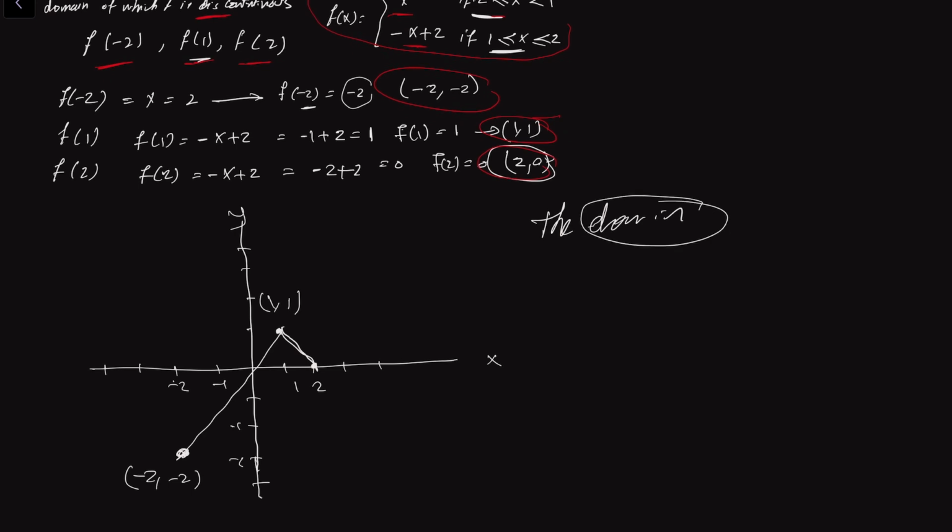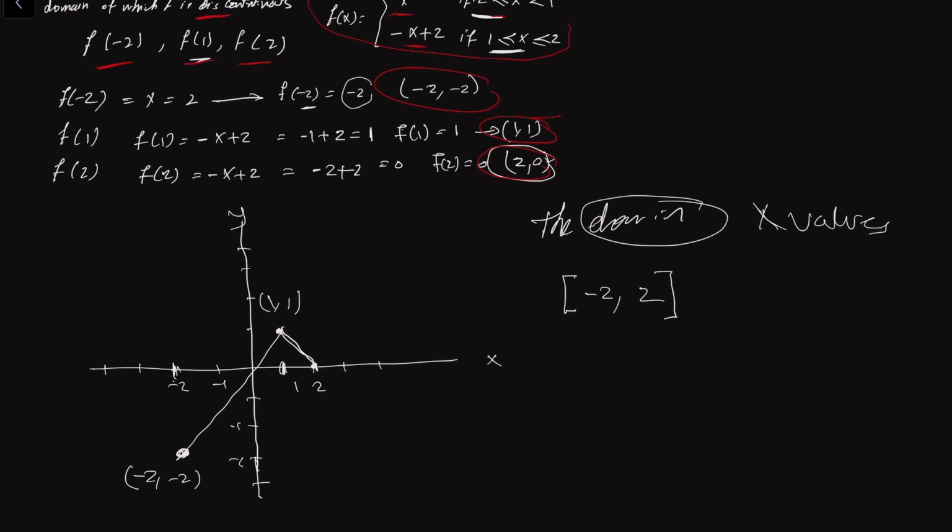Domain is basically the x value. So we say here from -2 to 1, that's all continuous, so we're going to make a closed parenthesis like that at -2. So basically it's from -2 to 2, because all these values are continuous, right?